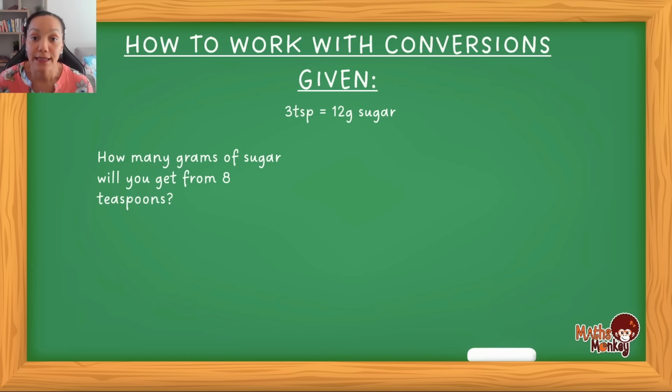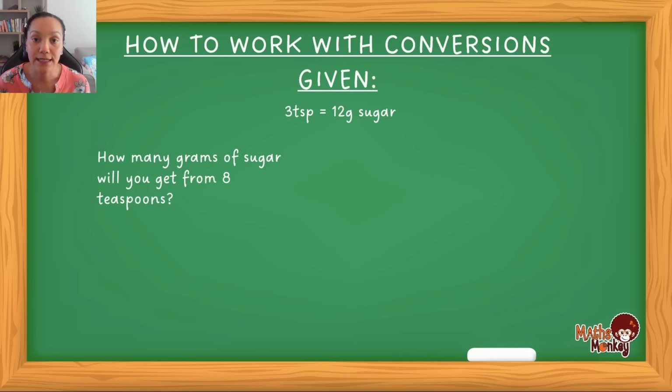So in this question, you'll have 3 teaspoons is equal to 12 grams of sugar. The question asks, how many grams of sugar will you get from 8 teaspoons?